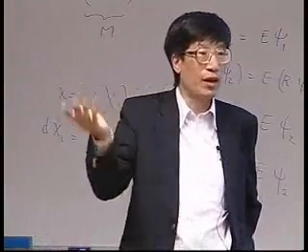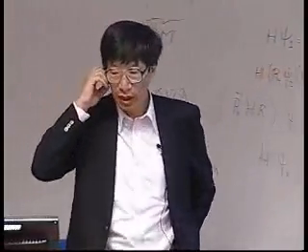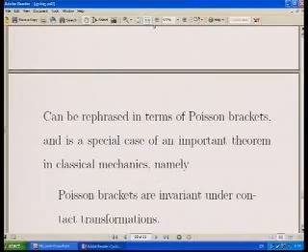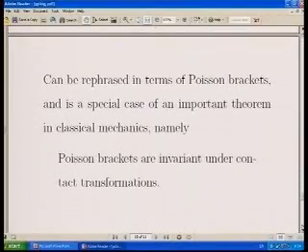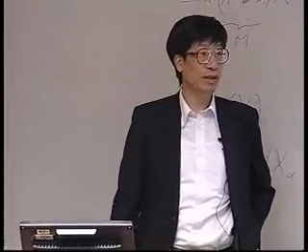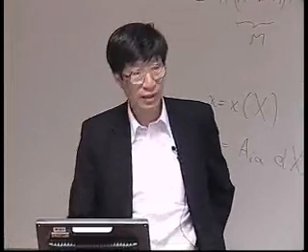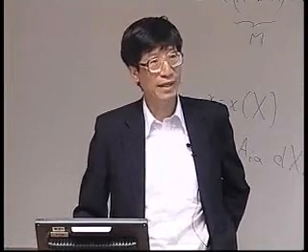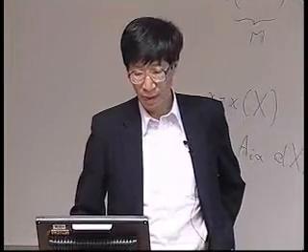That is, no h bar, no i, just Poisson brackets. Okay? So this is actually a theorem in classical mechanics, really, that Poisson brackets are invariant under generalized coordinate transformations, sometimes called contact transformations. Actually, contact transformations are slightly more general. They can even mix X and P. Okay?